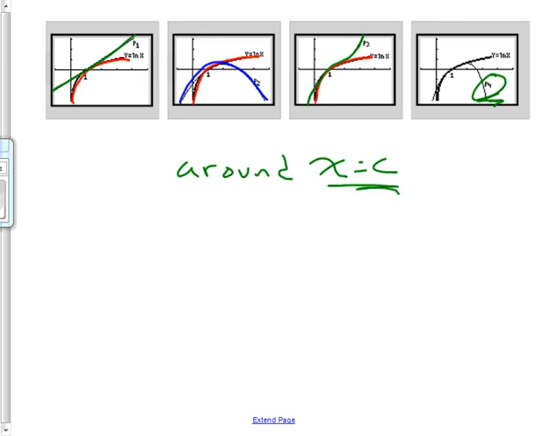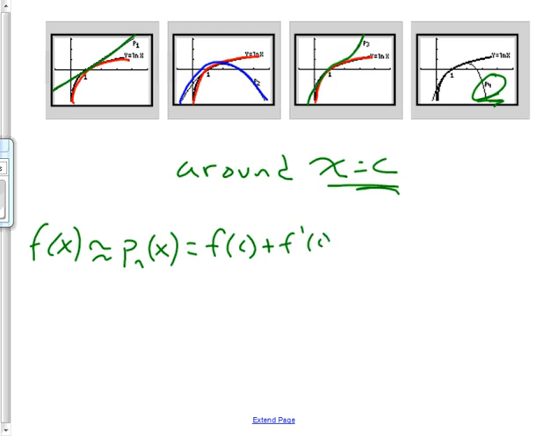Around x equals c, f of x can be approximated by P sub n of x, where P sub n of x equals f of c plus f prime of c times x minus c plus, let me just start a whole other line because it's a little bit of writing here.